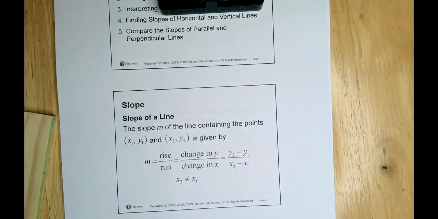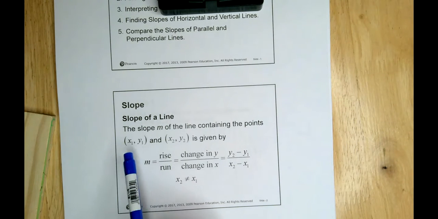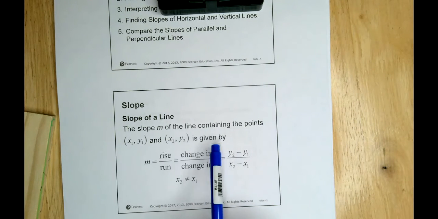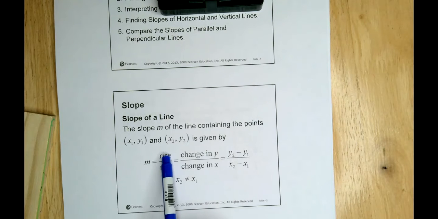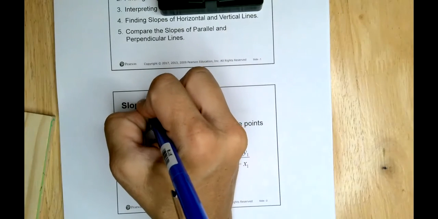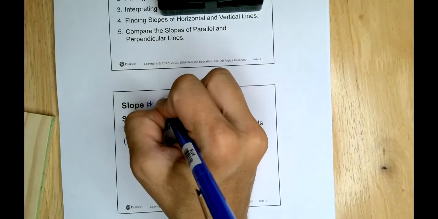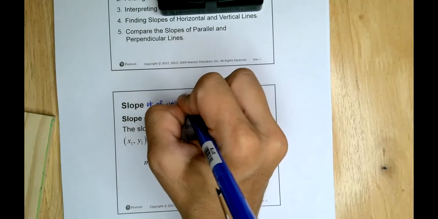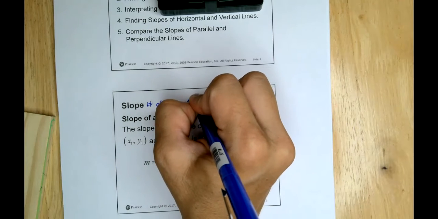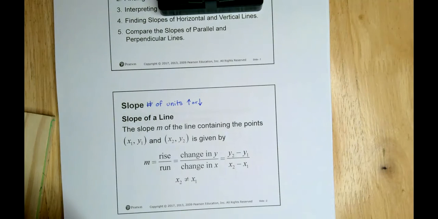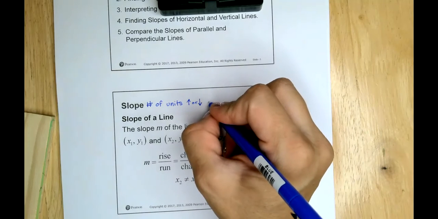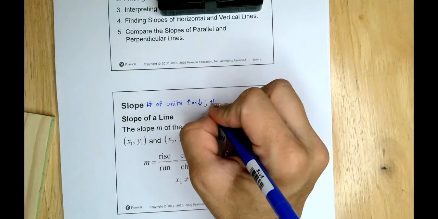So the slope of a line. The slope m of a line containing the points x1, y1, and x2, y2 is given by rise over run. So slope is the number of units up or down that we go from a point, and then the number of units left or right.